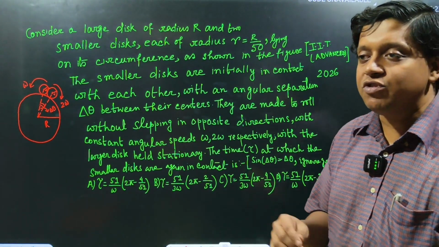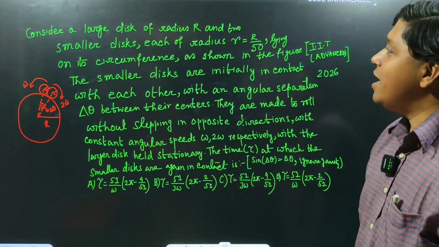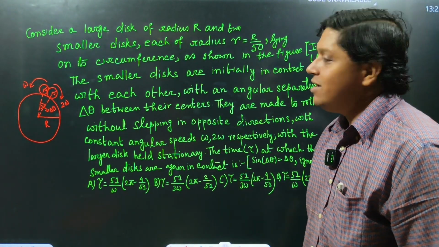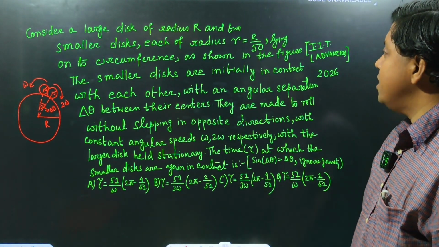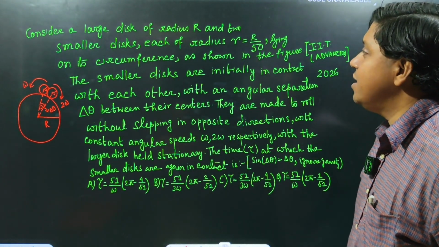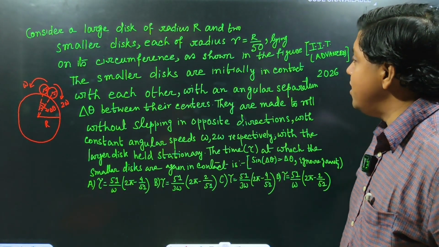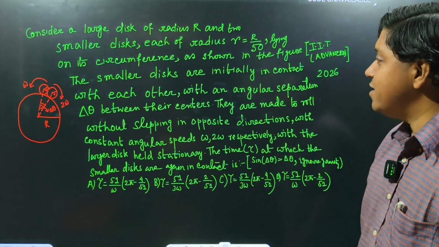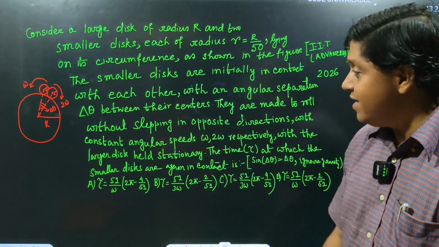So let me just read out the problem statement without wasting much time. Consider a large disk of radius capital R and two smaller disks, each of radius small r equal to R by 50, lying on its circumference as shown in the figure. The smaller disks are initially in contact with each other with an angular separation delta theta between their centers.